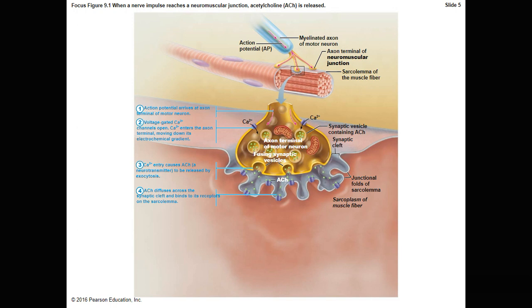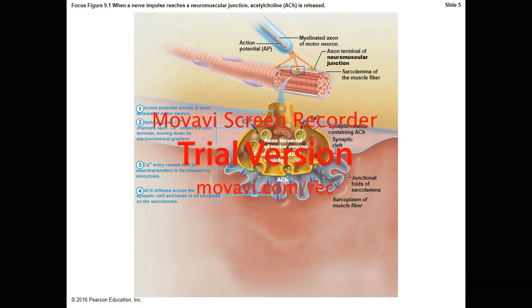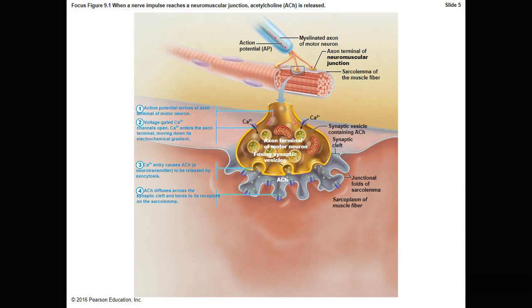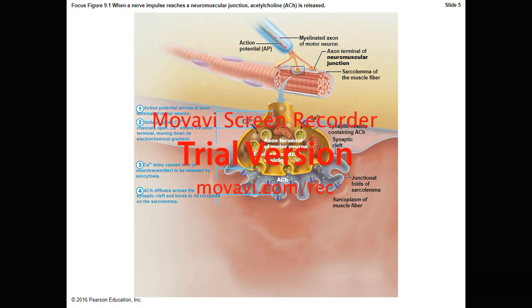So when these sodium ion channels open, when the acetylcholine binds these receptors on the sarcolemma, it's going to open up a sodium channel, and sodium's going to want to rush in, because remember, particles always want to go from where they're highly concentrated to where they're low concentration. That's called down the concentration gradient. So sodium wants to go inside the cell because it's concentrated outside the cell, and also the inside of the cell is negative.